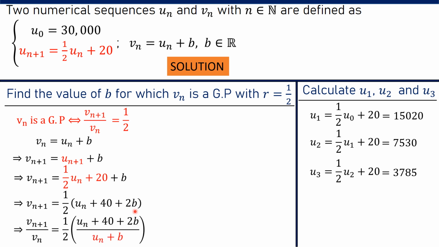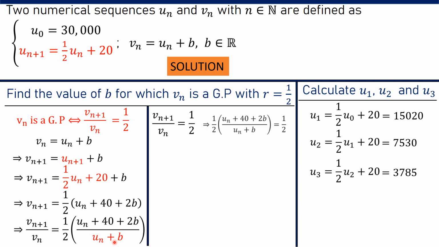Now vn plus 1 divided by vn has numerator vn plus 1 and denominator vn. Since vn is a GP whose common ratio is half, it means that vn plus 1 divided by vn is equal to half. So with that said, what we had below, which is half into un plus 40 plus 2b divided by un plus b, should be equal to half.